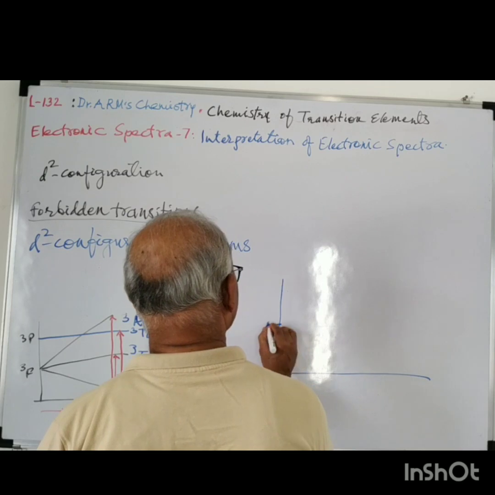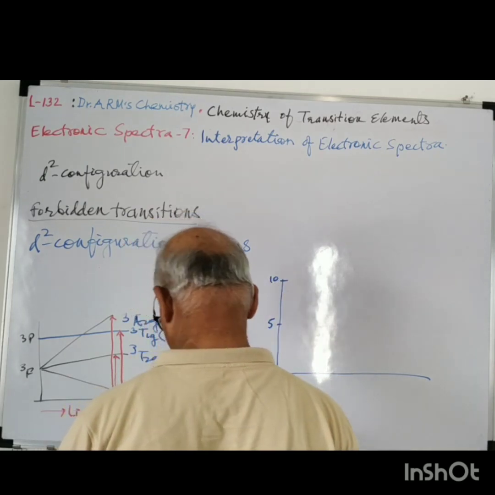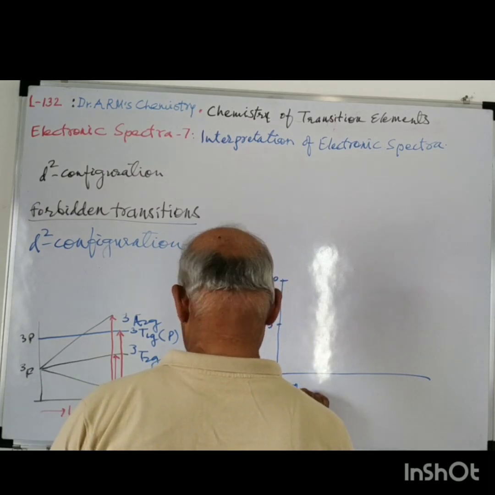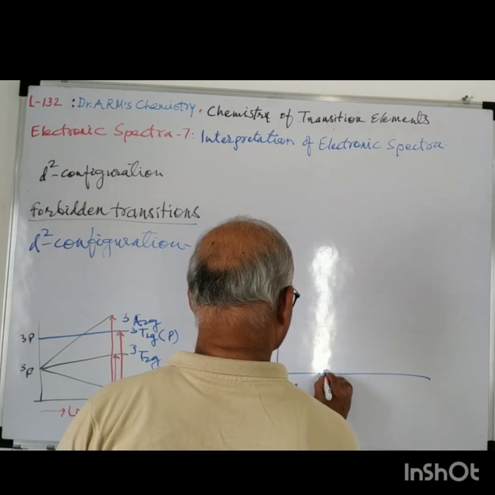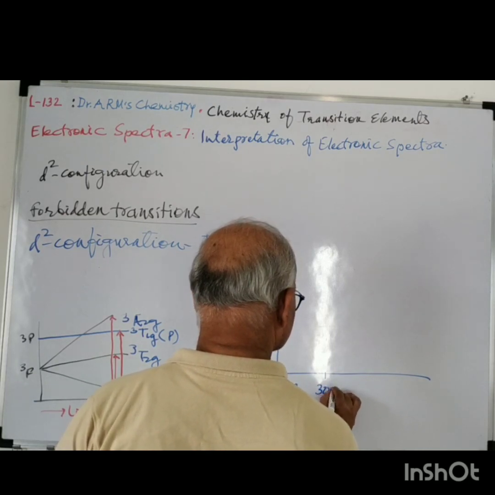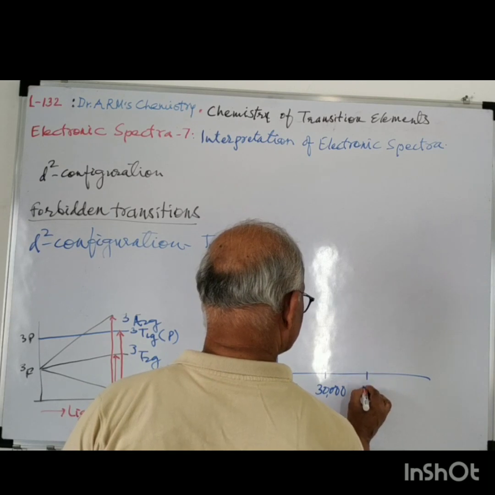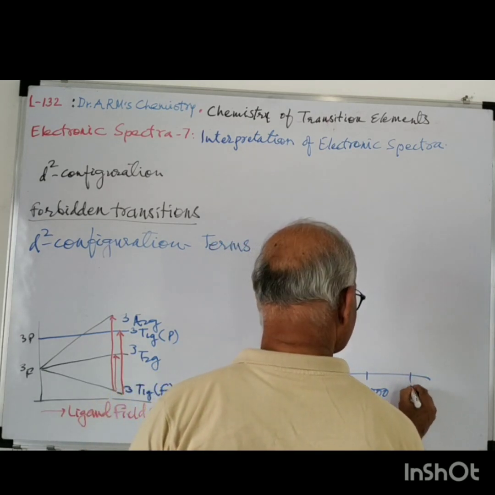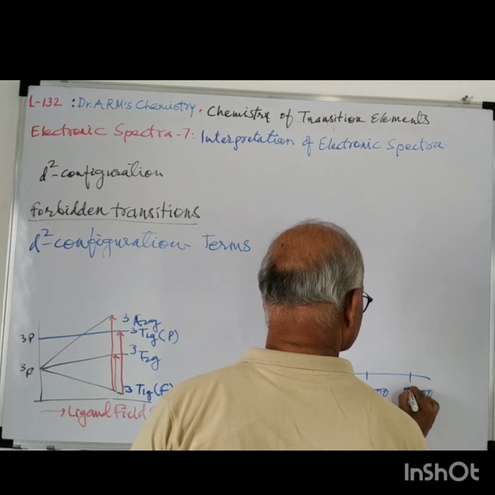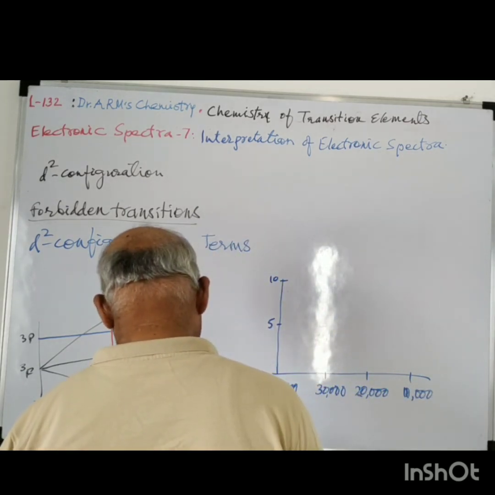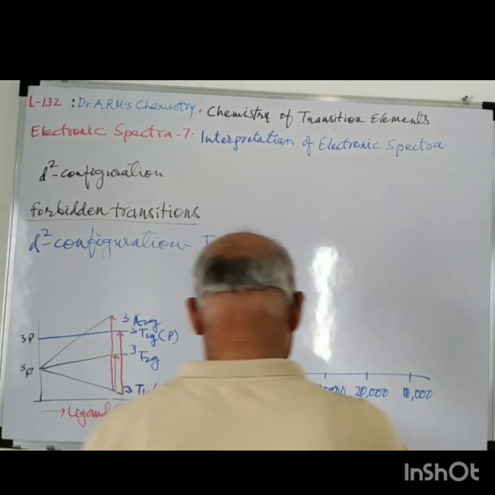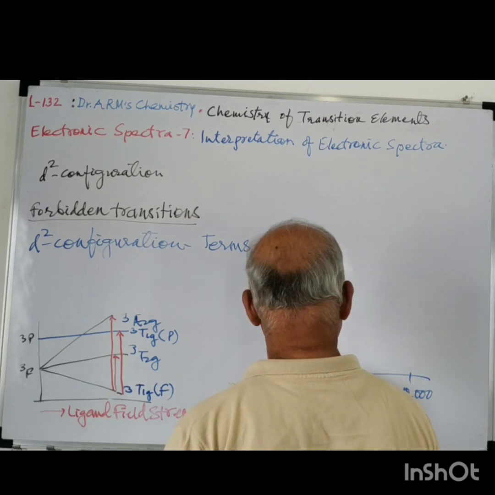The energy scale is 40,000, then 30,000, 20,000, 10,000 per centimeter, and we get the absorption band.